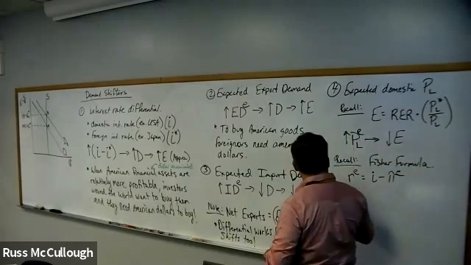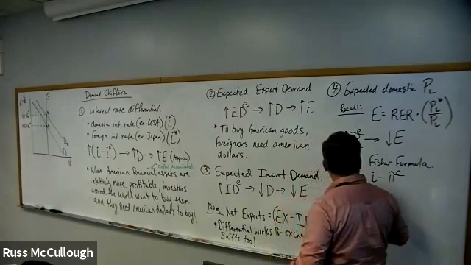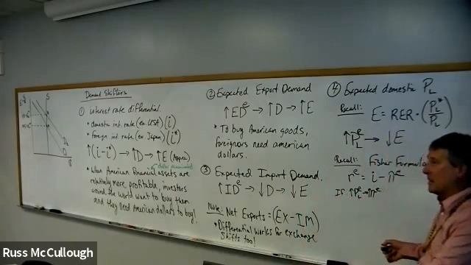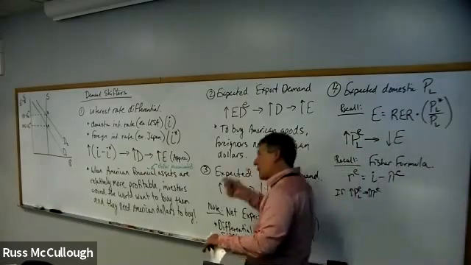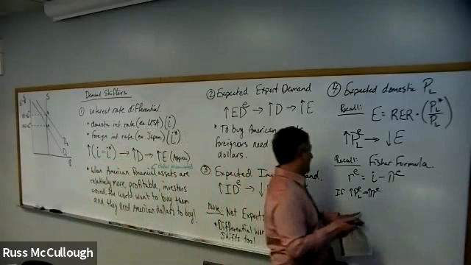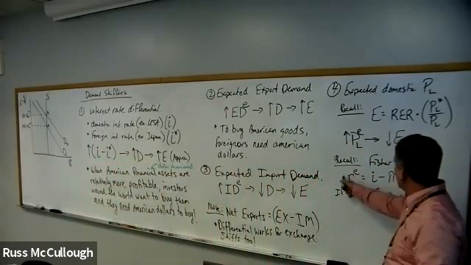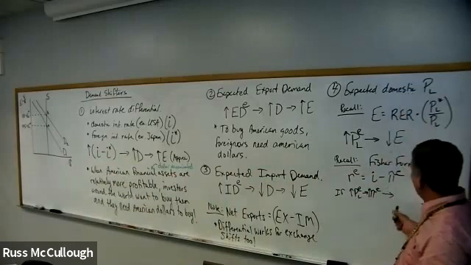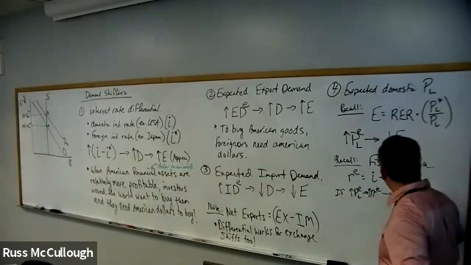So if there's an increase in the expected price level, that means also an increase in the expected inflation rate. Those go one and the same, right? That's how the inflation rate is calculated, as the rate of change of the price level. So those go hand in hand. And so the Fisher formula tells us what happens to real rates then. Using this equation, if inflation rate is expected to go up, what's going to happen to real rates? They're going to go down.